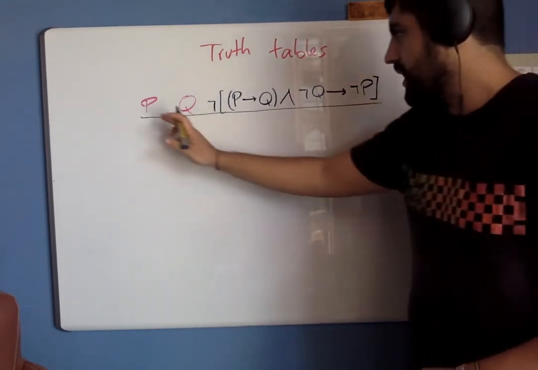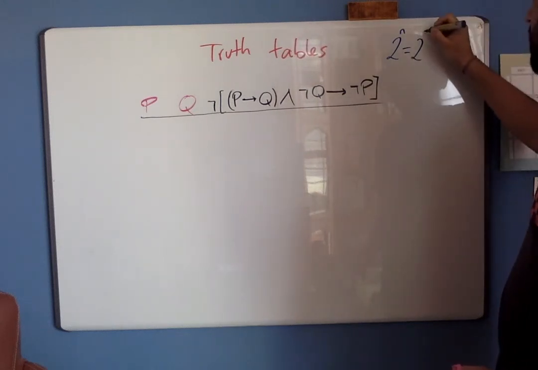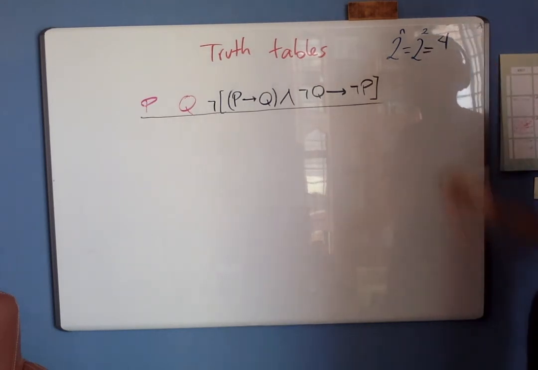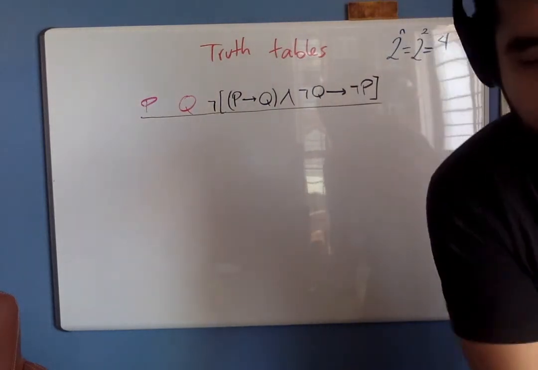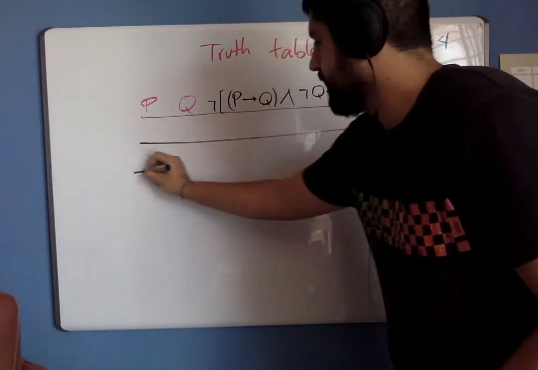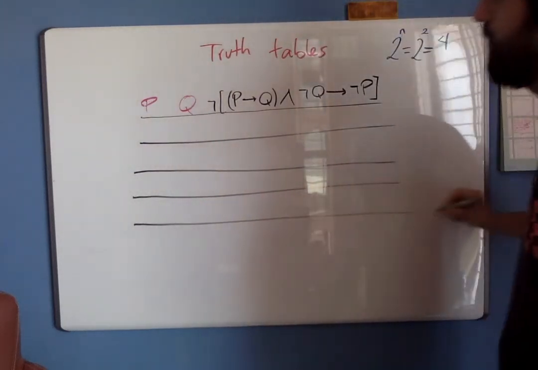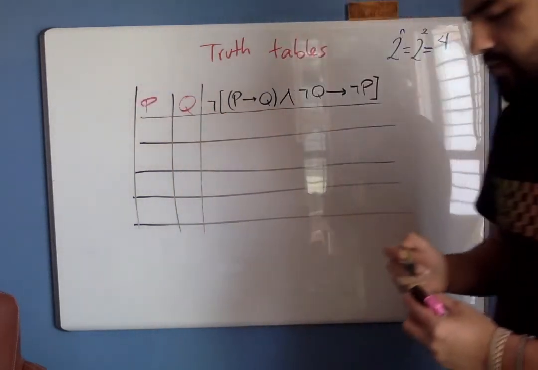In this case we have two variables, P and Q. That's the reason we have 2 squared. So finally we will have 4 lines. We write the 4 lines: 1, 2, 3, 4.